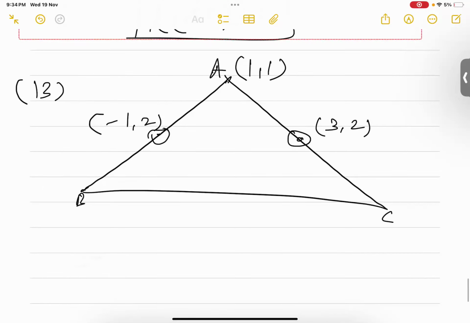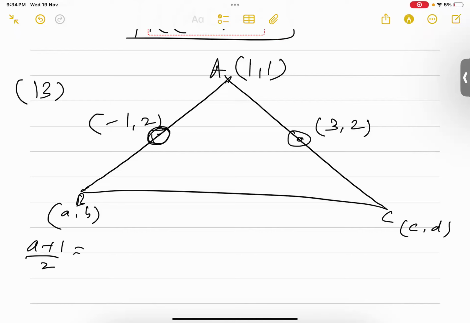So basically, we are first going to calculate B. So let B be a, comma b, and C be c, comma d. Since -1, comma 2 is the midpoint of AB, (a plus 1) upon 2 is equal to -1. A plus 1 is equal to -2.